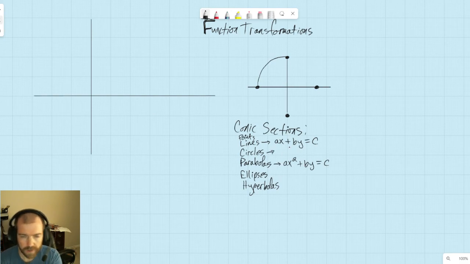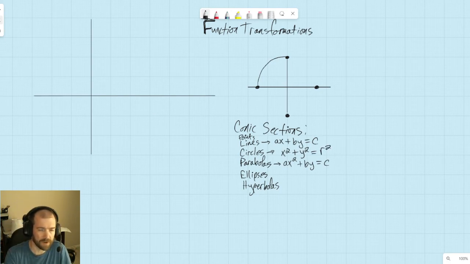The circle is going to be ax squared plus ay squared equals c, so those have to have the same value. And actually we just eliminate the other letters, it's fine. So x squared plus y squared equals r squared.